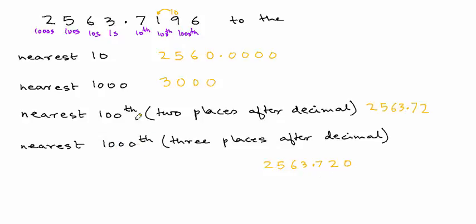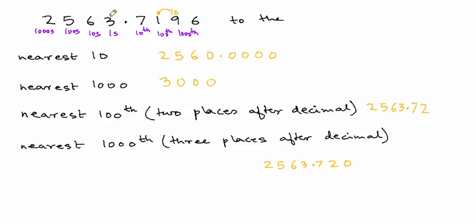Therefore, as you can see, there is no one single answer to rounding a number. It really depends on to what place value you're rounding that number. If you're rounding it to the nearest 10, it's a different answer from what you get when you round it to the nearest 1000. The rule, hopefully you know it by now: you look at the digit that you need to round and look at the next digit to the right of it. If it's a 5 or more, you round that digit to the next higher digit up.